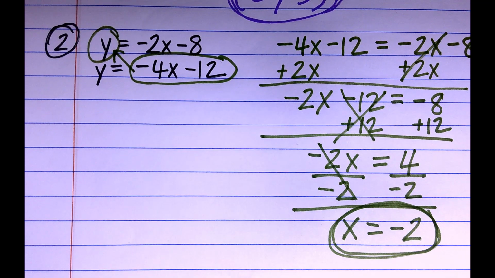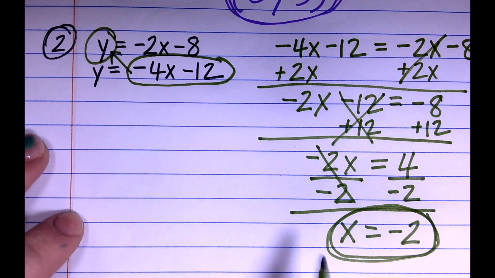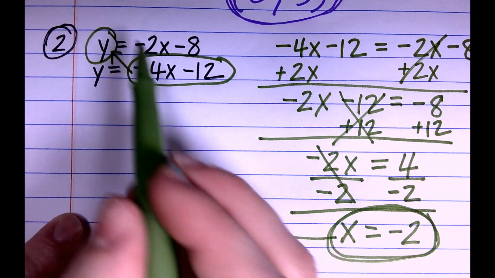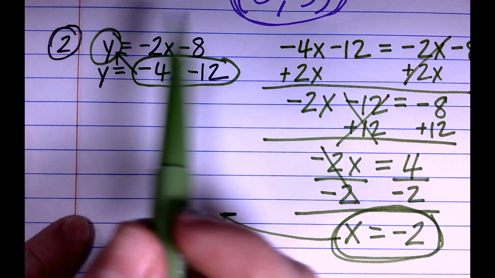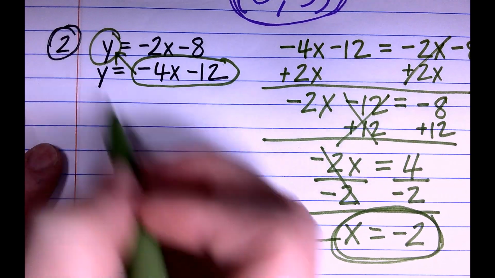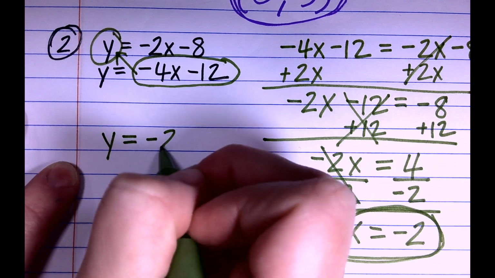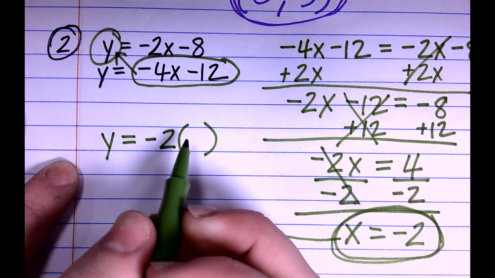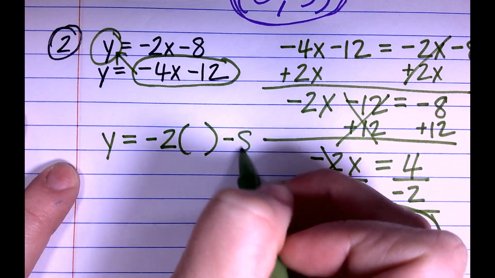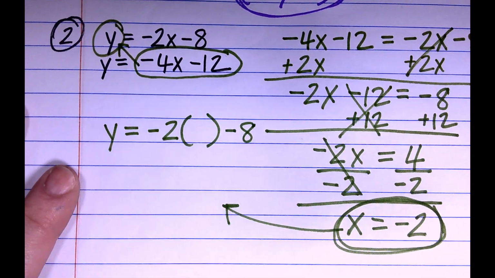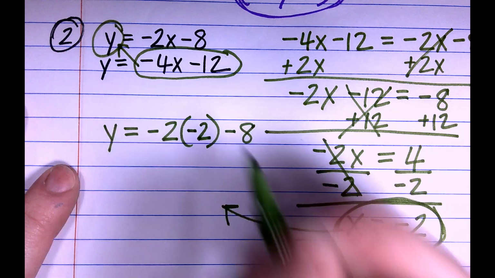So now we'll solve for y. And to do that, we can use either equation. I'm going to use the top one. So I'm going to rewrite everything. Y equals negative 2 times x. I'll leave it blank. Minus 8. What am I writing instead of x? Negative 2, the value we just solved for.